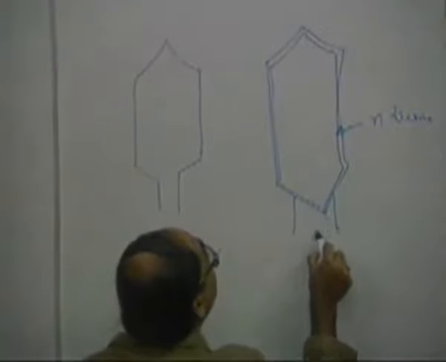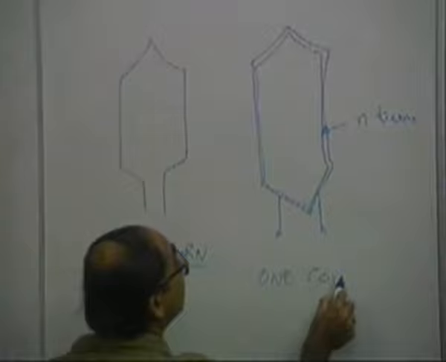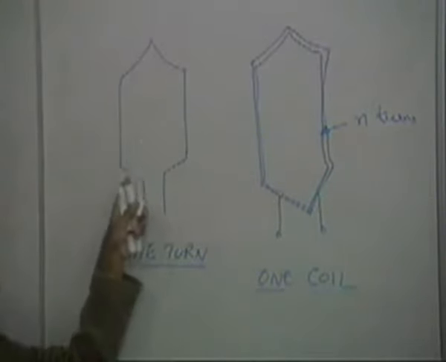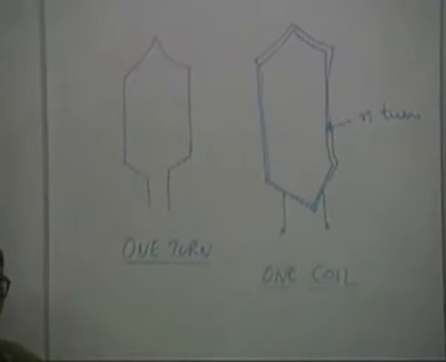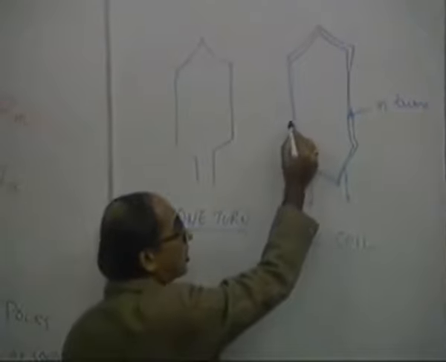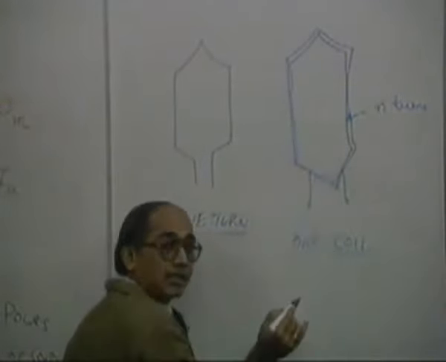So, this is one coil. By putting several turns you form one coil of n turns, which means in each slot there are n conductors. So, there are n conductors here, n conductors there.